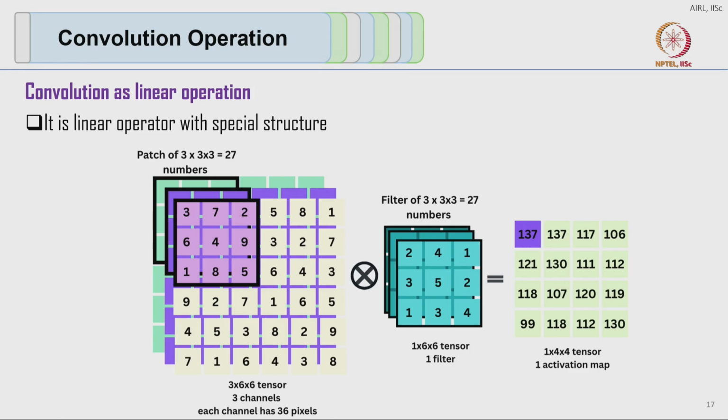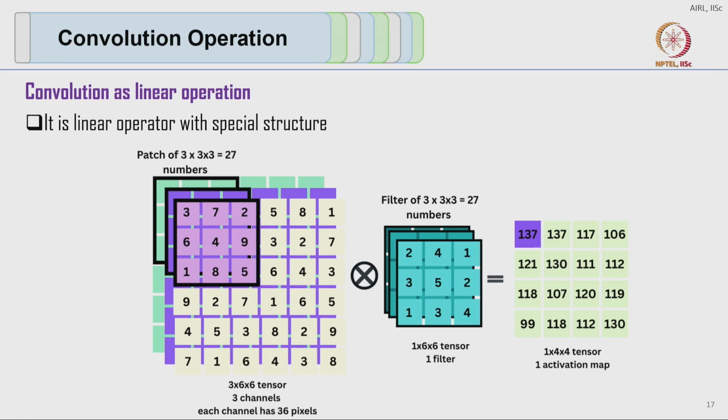Now, when the dimension increases, it looks like a very complex operation. If you look at it mathematically, the convolution operation is a very simple linear operation. It is just a linear operator with a special structure. You see here we have a 3 into 6 cross 6 tensor. What I mean is there are 3 channels, and each channel has 6 cross 6, that is 36 pixels, and there are 3 channels.